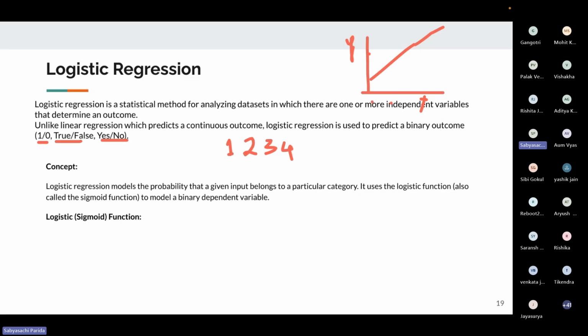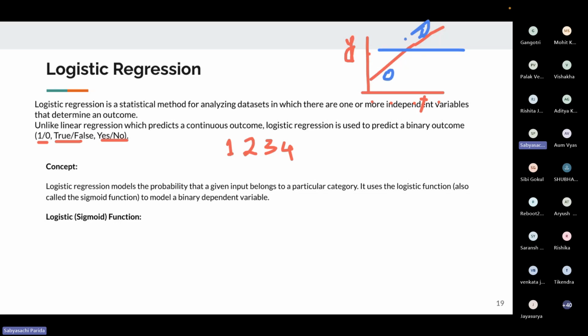How do I use all those x values so that I can fix my y to a certain range, such that if it crosses the threshold, it is 1, and if it is below the threshold, it is 0?